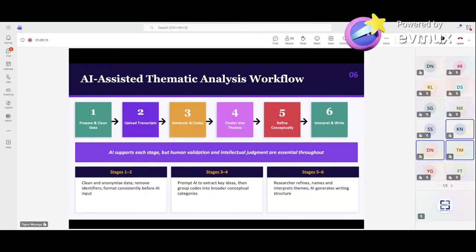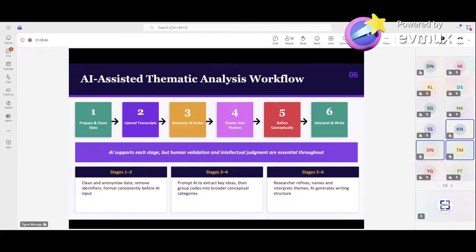So we're saying AI supports each of the 6 stages, but human validation and intellectual judgment are essential throughout the process, right? The first stage, we're saying cleaning. Stage 1 and stage 2 is cleaning, formatting, anonymizing, removing identifiers before AI input. Then stages 3 to 4, you need to prompt AI to extract key ideas, then group codes into broader conceptual categories.